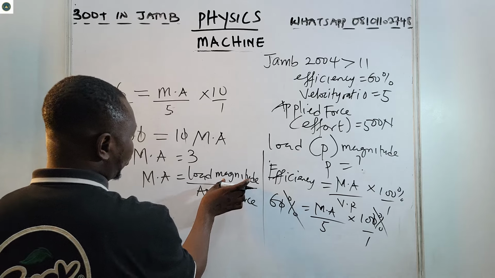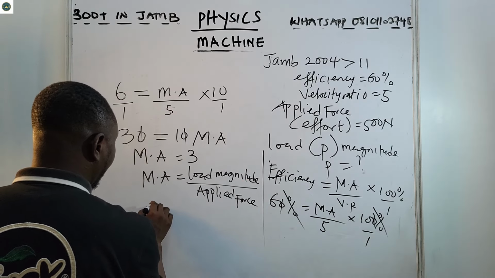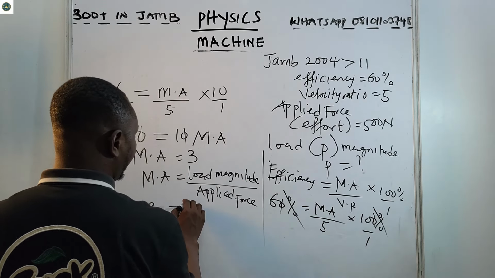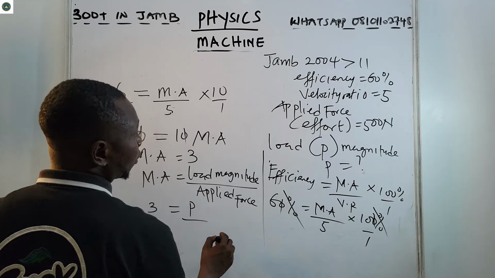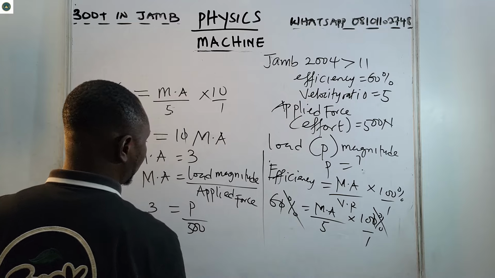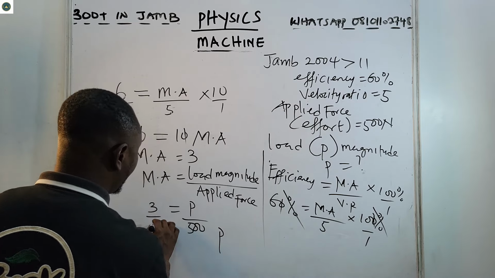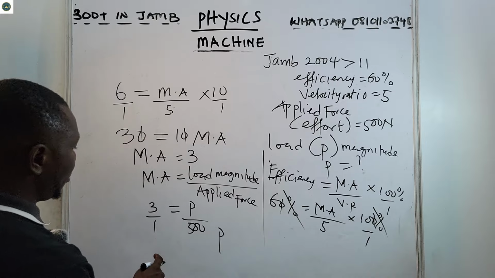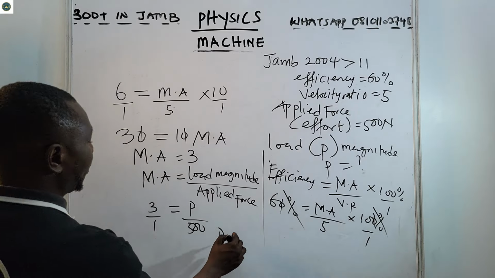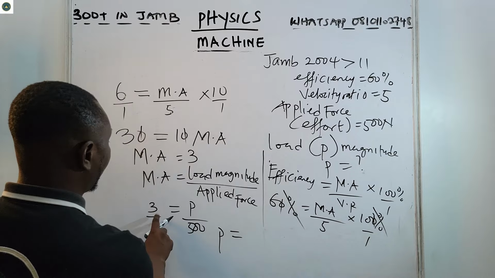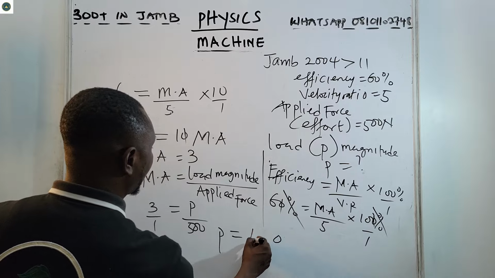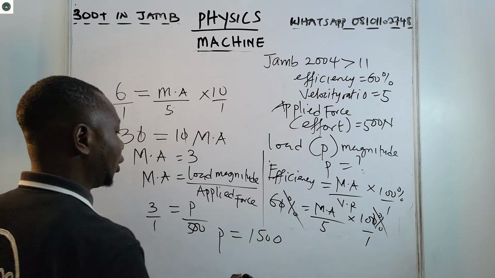Now we are asked to find the load. So here it becomes 3 equals P over 500. Definitely, making it over 1, P becomes 3 times 500, which is 1,500 Newton.